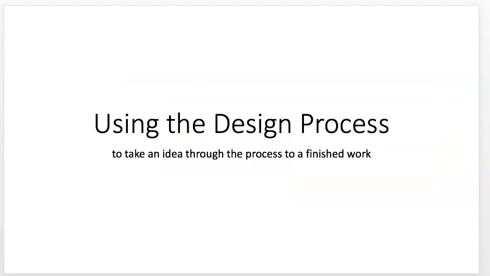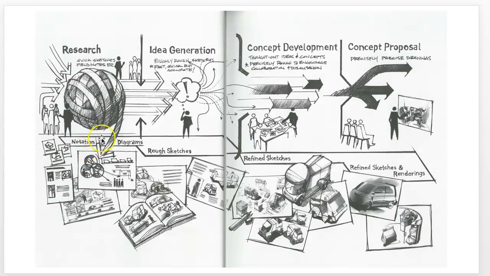Well, you have to use a sort of design process to take an idea through to finished work. So you've probably seen this slide before if you took 2D design with me, but it's the idea of research. You have to think about quick sketches. I've given you a creative brief to make an egg drop, and it has to have a place for the egg and stop it from breaking when it hits the ground.